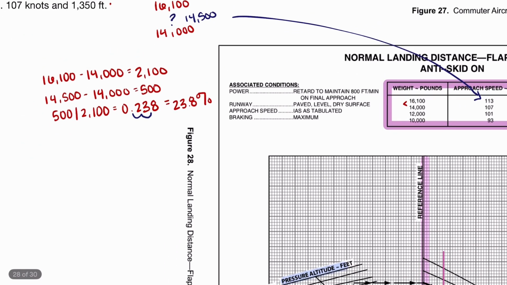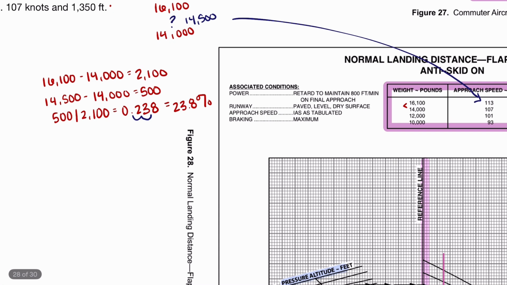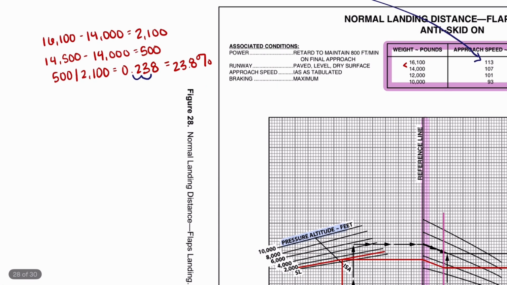And so our next step is to take those approach speeds and find the difference between them. So 113 minus 107. And that equals 6 knots of difference. So we apply that same percentage to 6 knots to see how much we need to add to 107. So we're going to take 6 times 23.8%, and that will give us 1.43 knots.